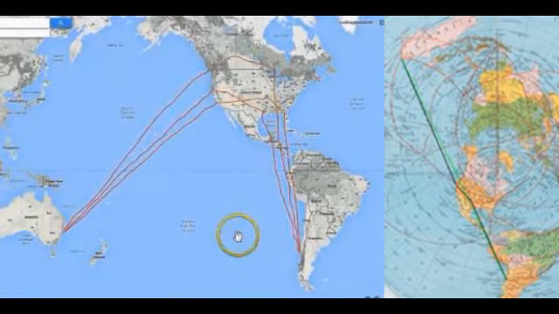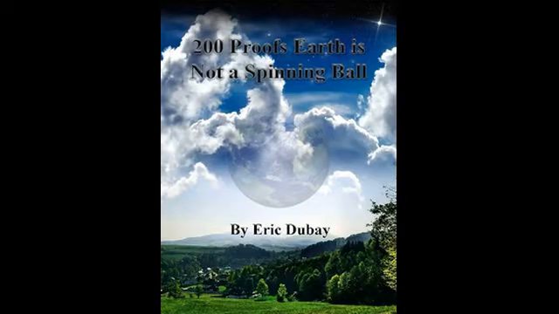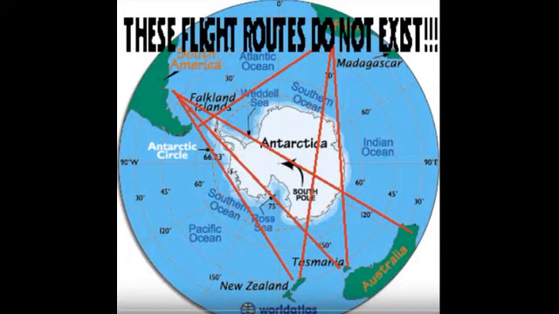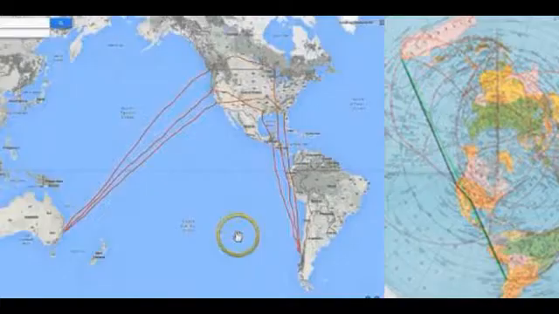For example, now I'll read proofs 43 and 46 from Eric Dubay's 200 Proofs Earth is Not a Spinning Ball. Proof number 43. If Earth was a ball, there are several flights in the southern hemisphere which would have their quickest, straightest path over the Antarctic continent, such as Santiago, Chile to Sydney, Australia.